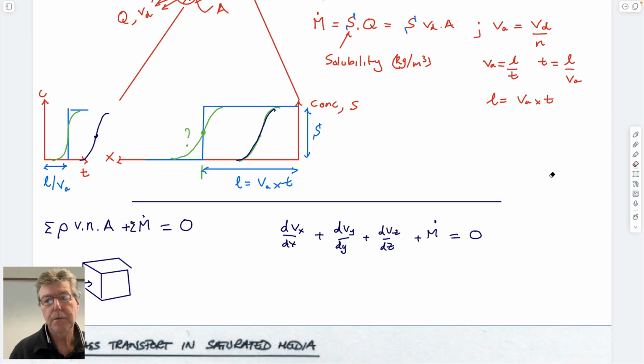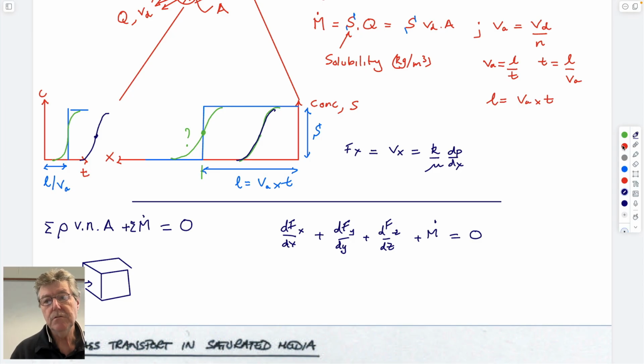Actually, I'd replace it. I'm going to replace those by a flux, uppercase F, because we'll use that. But it's really a velocity. And you know from Darcy's law that a velocity in the x direction, Darcy's velocity, is permeability over viscosity times dp/dx, which is really the same as a fluid flux in the x direction.